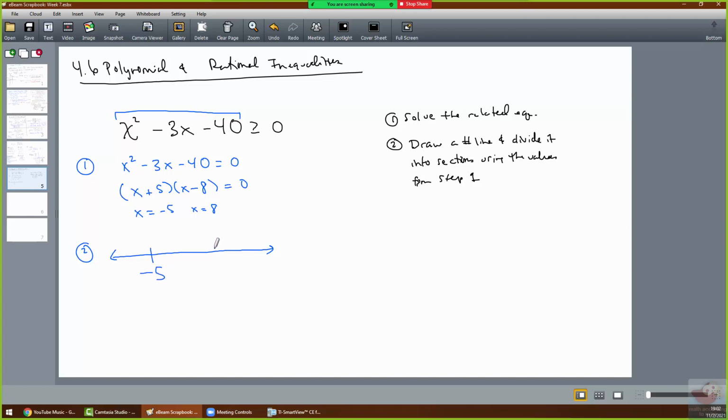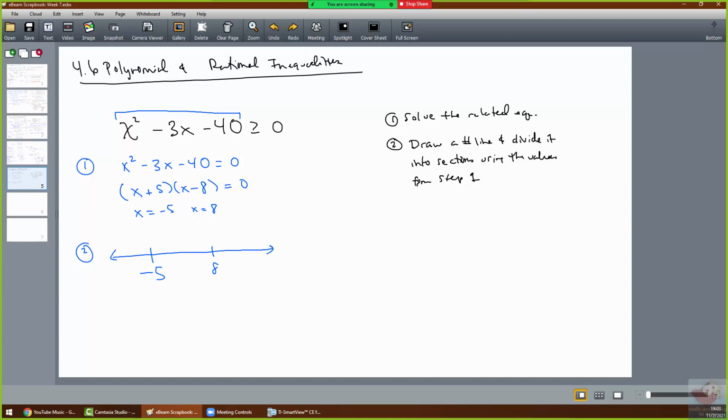So there's negative 5, there's positive 8. Now, if you have colored pencils, this is the perfect time to use them. If you don't, that's fine. But please note what we're about to do, you don't want to be confused with your work. Notice here I'm using little tick lines, and what I'm about to do is use dots. You want to make some form of distinction because the thing with the dots, once you get what you need to get, you don't use them anymore.